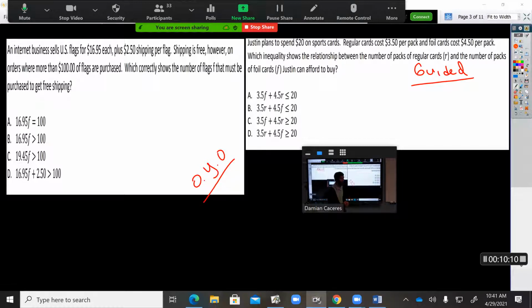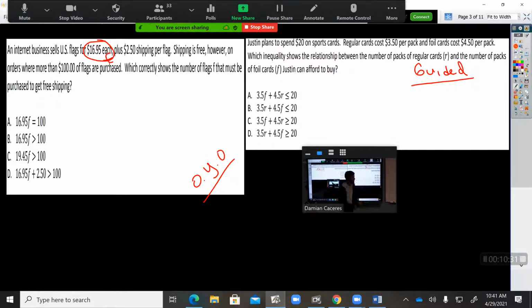All right, let's review that first example, and then I guide you through the second one. So up here on the left-hand side, let's read. It says an internet business sells US flags for $16.95 each. Each means multiplication, so we know what goes there, a variable. What's the variable they use for flag?